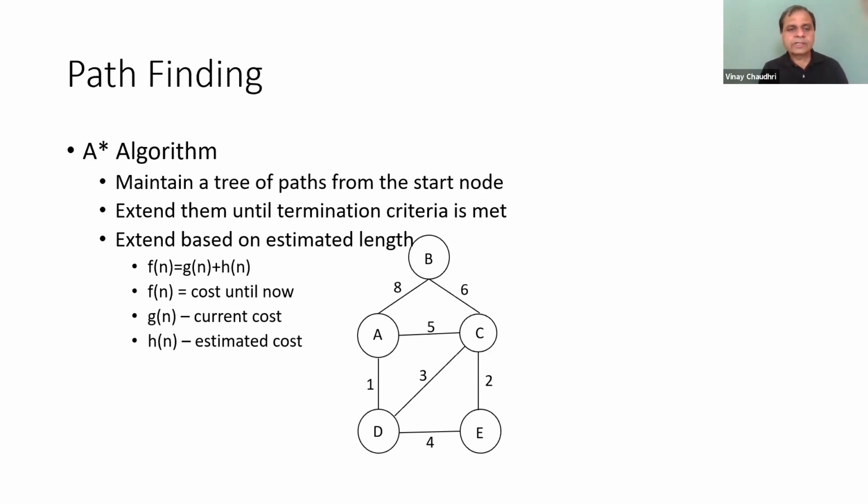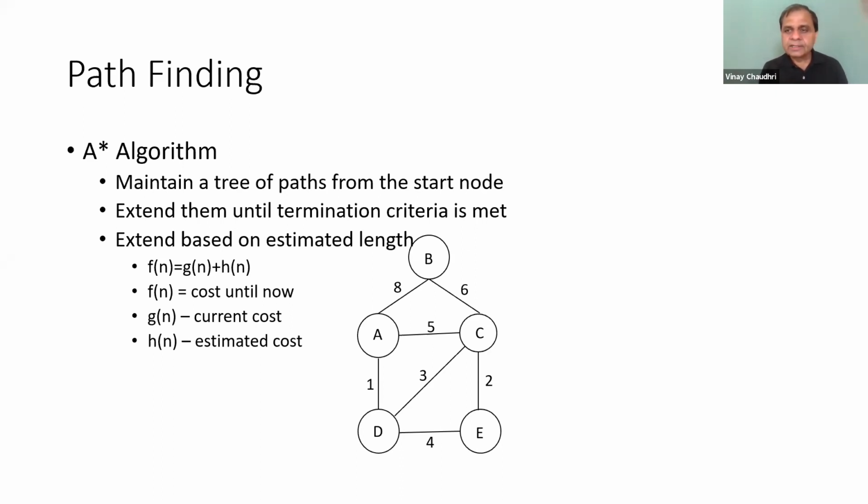The way that is calculated is, if Fn is the cost of reaching the end goal, and Gn is the cost that we've already incurred until now, and Hn is an estimate of what would be the cost if we follow a particular edge.